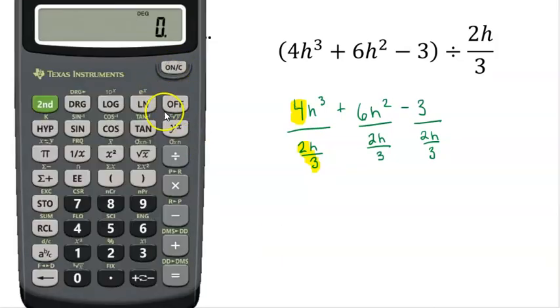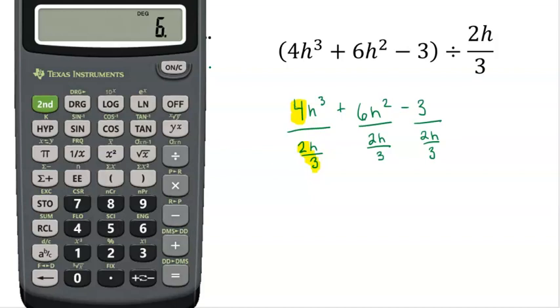So for this one, clear it out. 4 divided by parentheses, 2 divided by 3, close parentheses, and then equals 6. And make sure you always hit your equal sign at the end, because if you don't, it's only going to show you what 2 divided by 3 is, which is 0.66666 on forever.